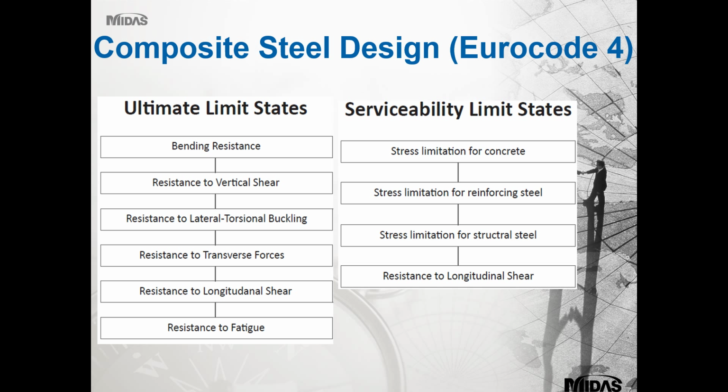So for the ultimate limit state, we'll be focused on the bending resistance, resistance to the vertical shear, resistance to the lateral torsional buckling, the resistance to the transverse force because of the reinforcement on the web, and then you've got the resistance to the longitudinal shear and the resistance to the fatigue. For the serviceability limit state, you've got the stress limitation for concrete, the stress limitation for the reinforcing steel, and the same for the structural steel and the longitudinal shear.